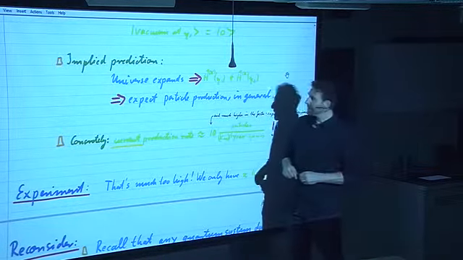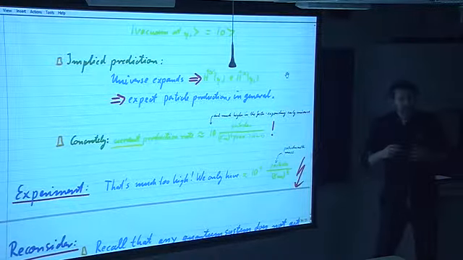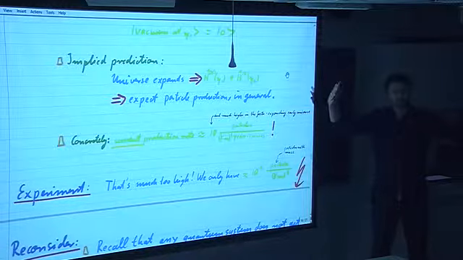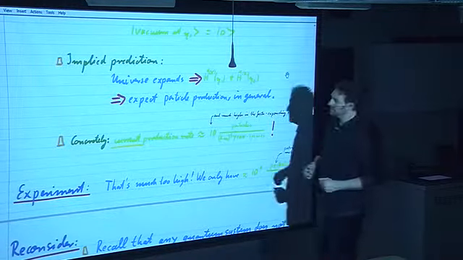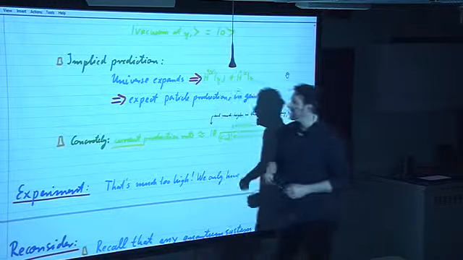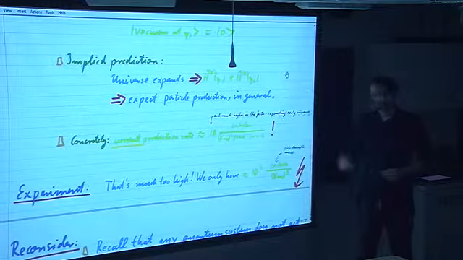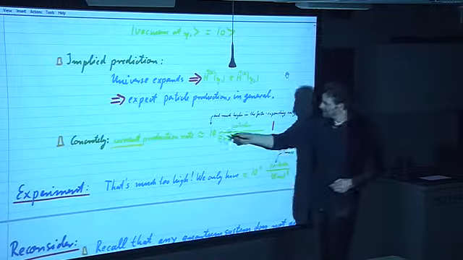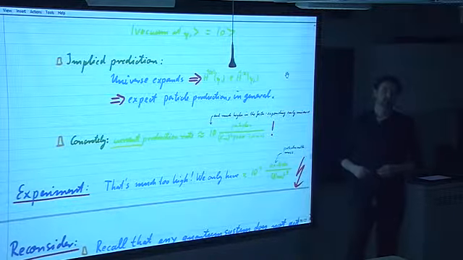And then you can calculate the current particle production rate that arises just because the universe is expanding. And that current production rate of particles, if we adopt the definition of the vacuum as the lowest energy state, is actually 10 particles per cubic kilometer per year per species.